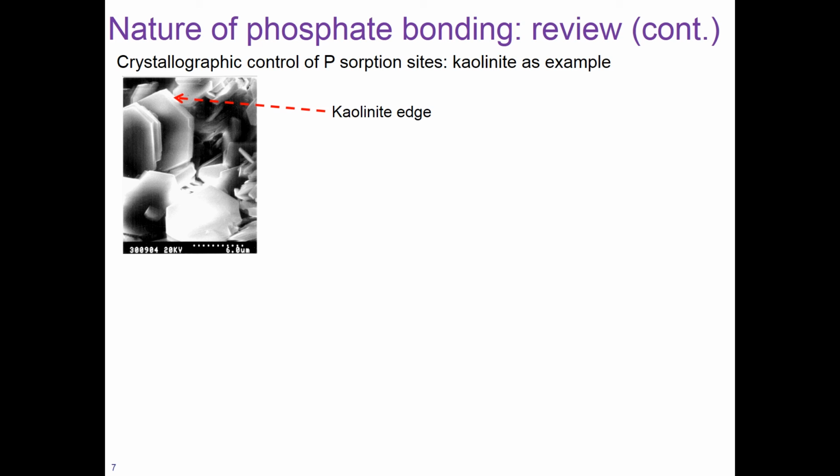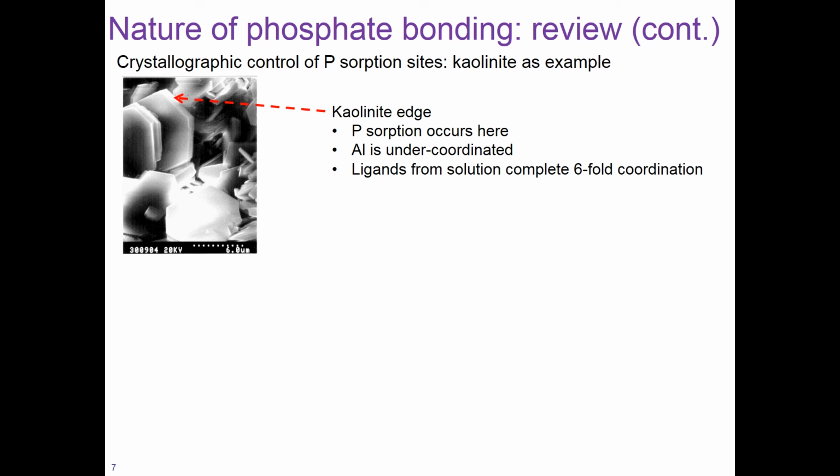And here is the kaolinite edge, or the edge of the crystal, where phosphorus sorption occurs, because aluminum at the edge is undercoordinated because of broken bonds. And ligands from solution can complete the six-fold coordination for aluminum, which is its most stable coordination in association with this mineral. Energetics favor phosphate as a ligand displacing hydroxyl or water.